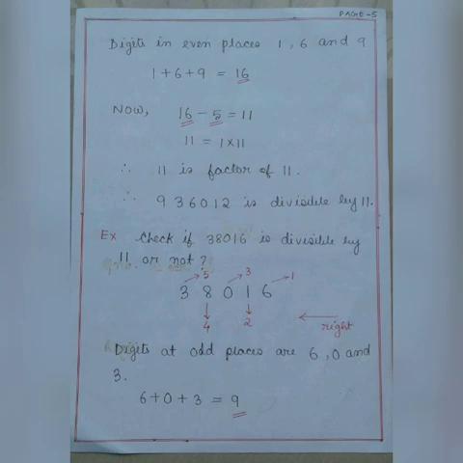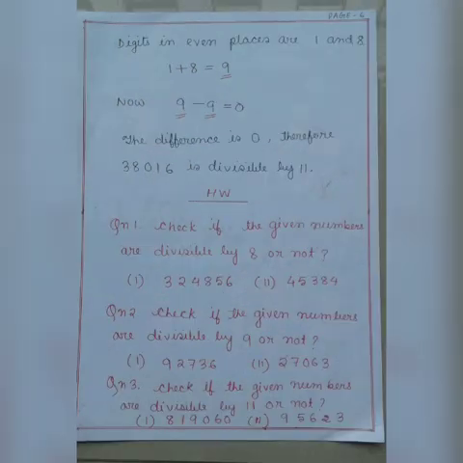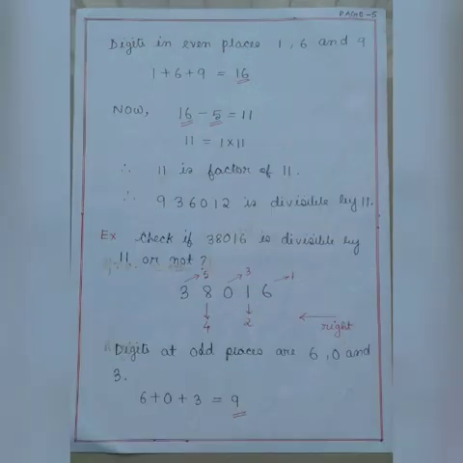Now I shall add 6, 0 and 3, which is equal to 9. Digits in even places are 1 and 8. We shall add 1 and 8, we get 9. Now we shall subtract the sum of digits of even places from the sum of digits of odd places.